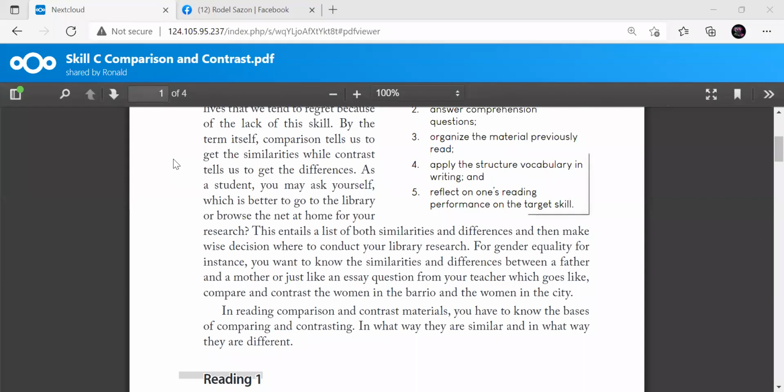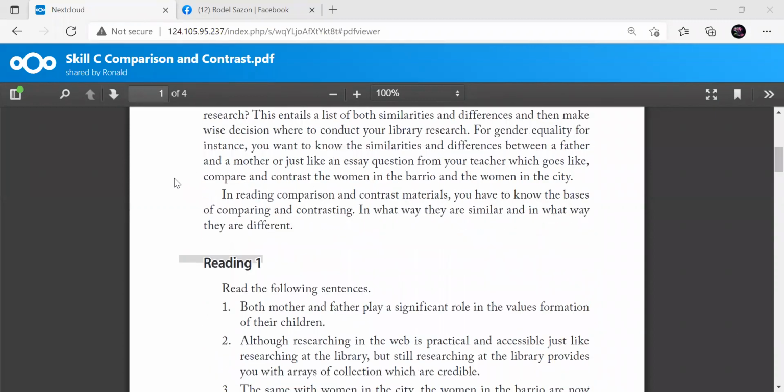That's a very good observation. So that's an example of how you compare and contrast between two items.